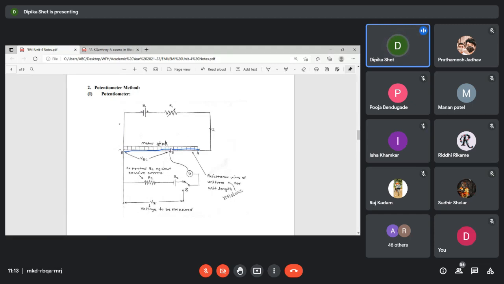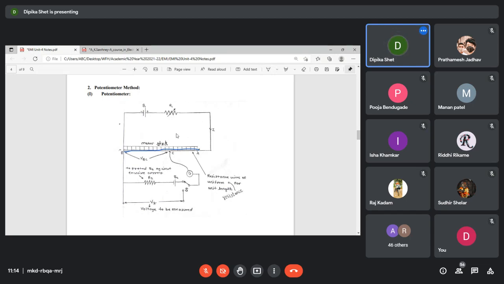Then a current I will be supplied from this battery B1. This AB wire will be connected across this battery B1 and this resistance R1. So this is the primary circuit.